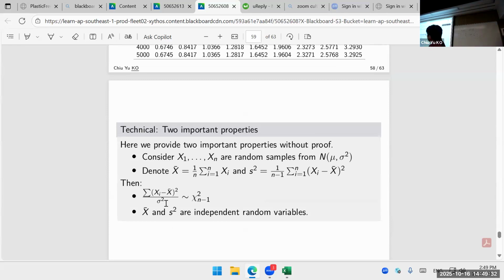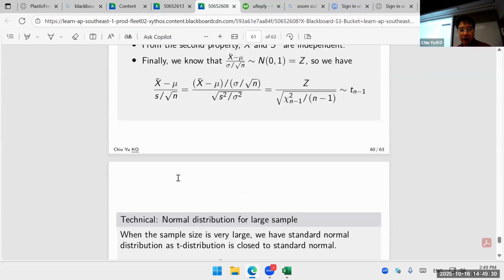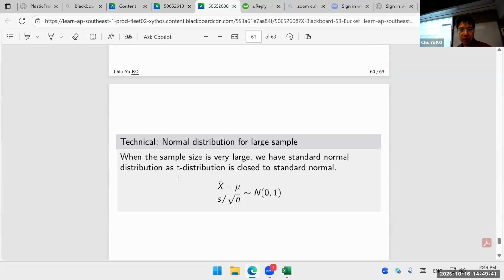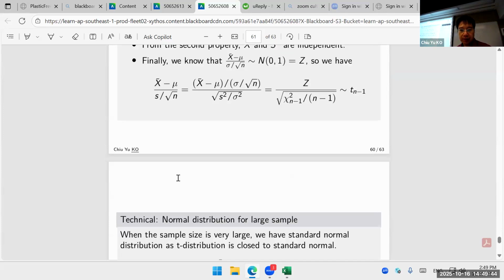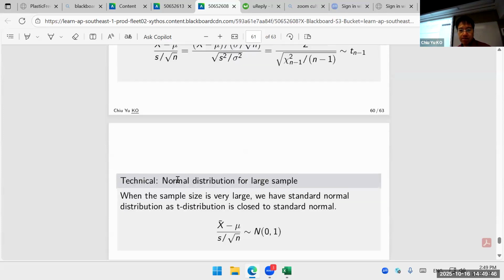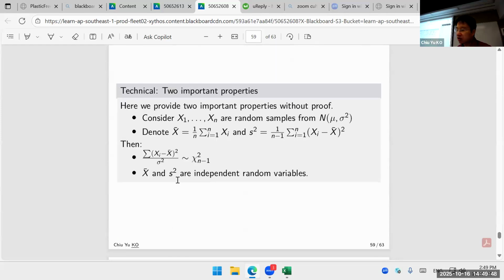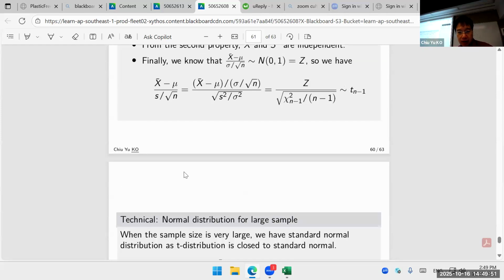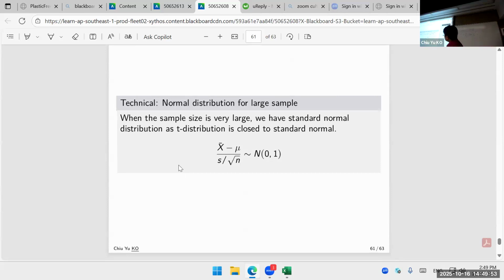Now, let me very briefly explain a little bit of why we have a T distribution. There's math behind it, but I'm not going to talk about that. But I want to talk about this particular one. When n is very large, T is very close to standard normal, as I argued already.